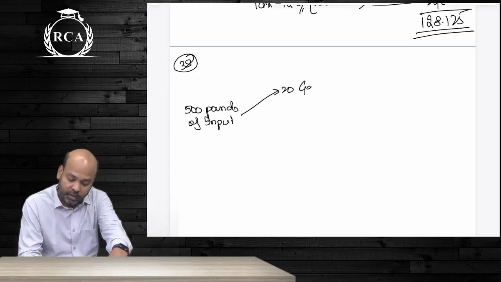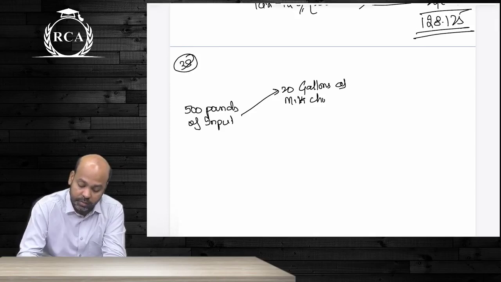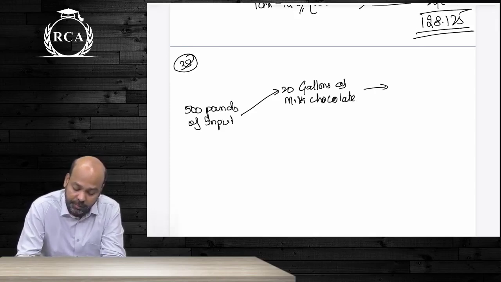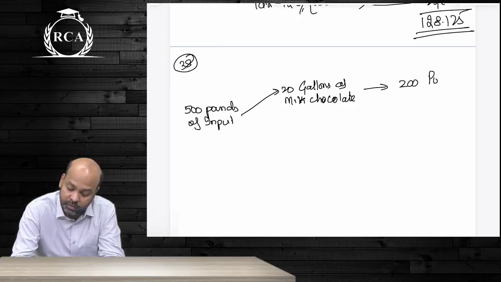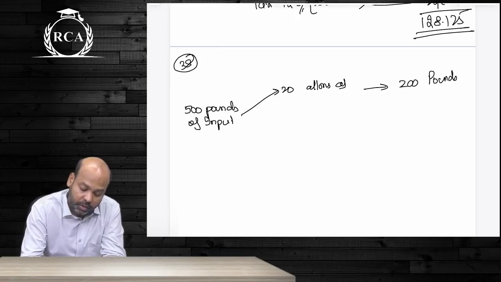20 gallons of the first product, that is chocolate powder base. हाँ या ना? Which is further being processed to 200 pounds of chocolate powder.